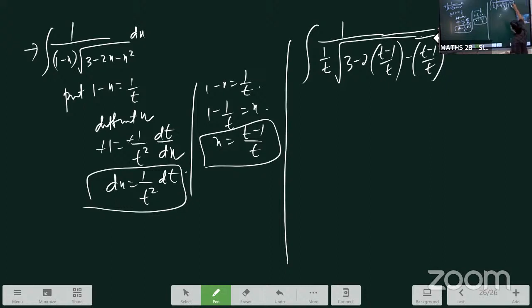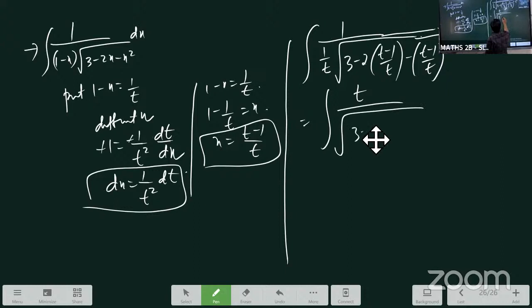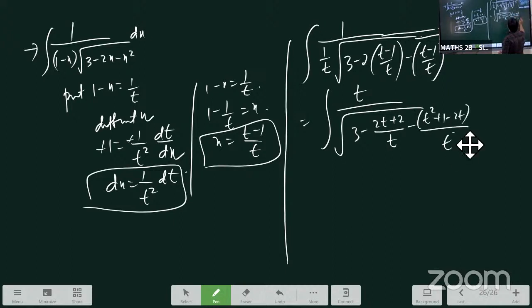And dx is 1 by t square dt. Now this t comes to numerator by under root of 3 minus 2t plus 2 by t minus of this, t square plus 1 minus 2t by t square, into 1 by t square dt.